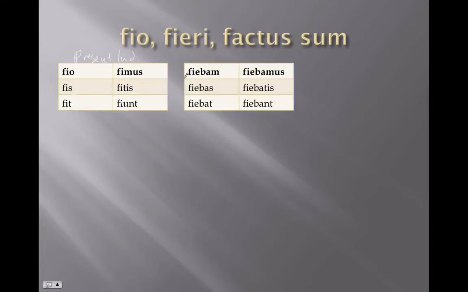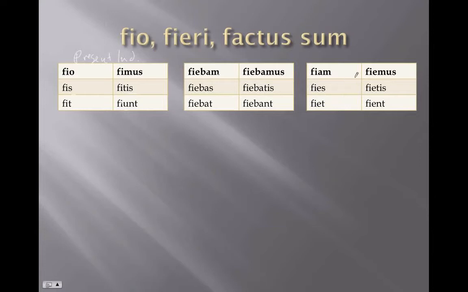The imperfect also is very regular. You have your stem of F, and it's an I stem or a fourth conjugation, and we have the eba and the ending. So fiebam, fiebas, fiebat, fiebamus, fiebatis, fiebant.